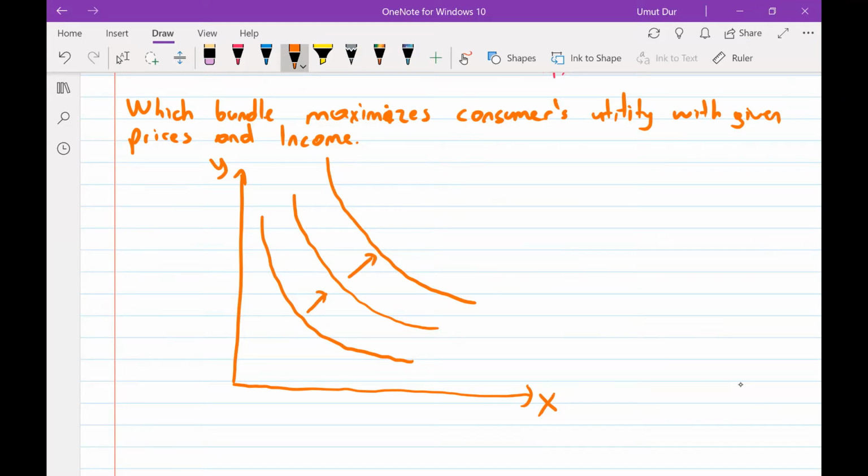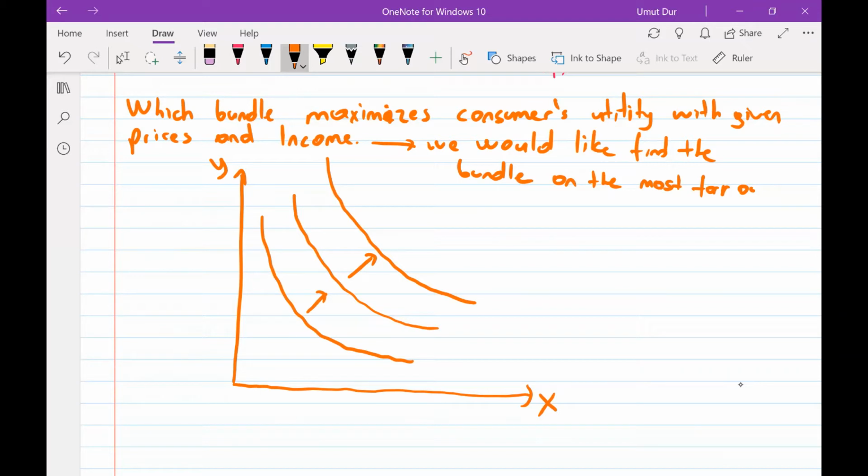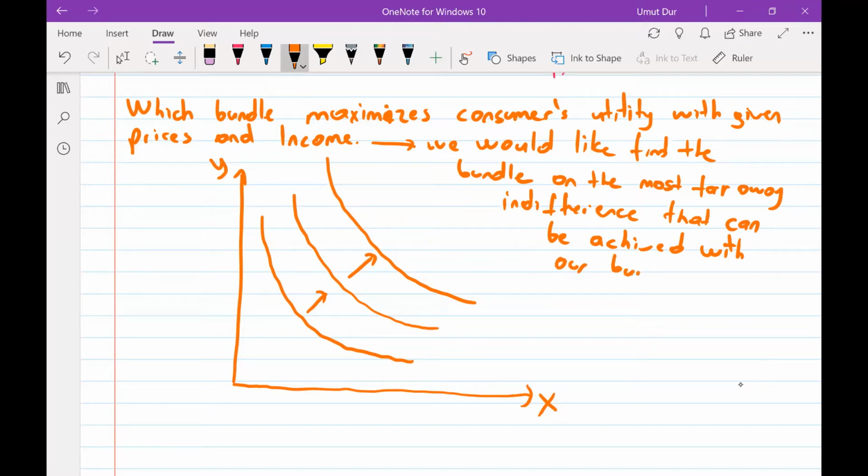So for this question, we would like to find the bundle on the farthest away indifference curve that can be achieved with our budget constraint.